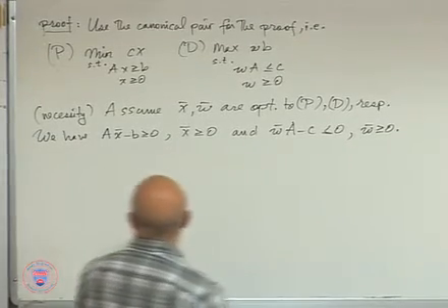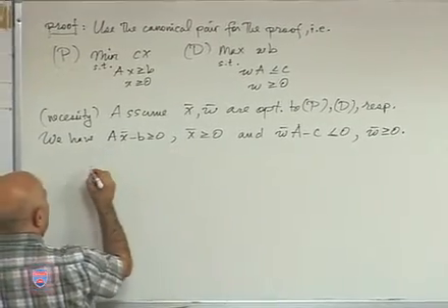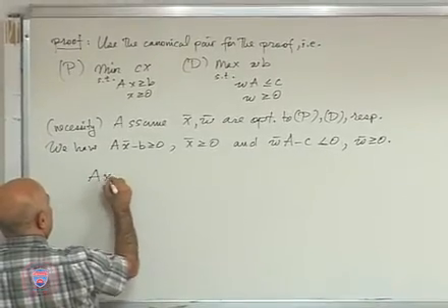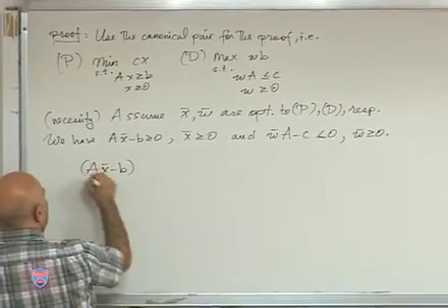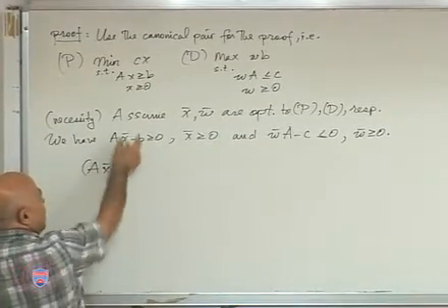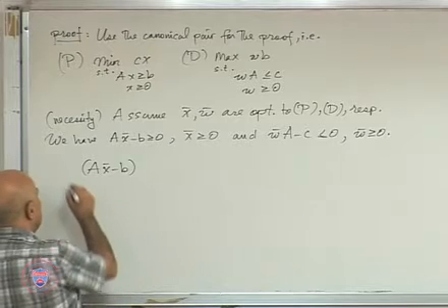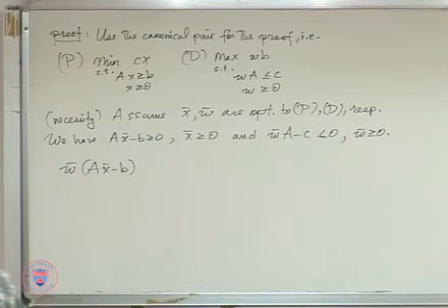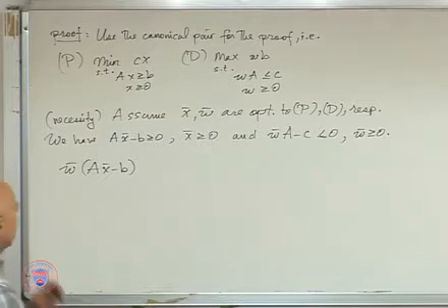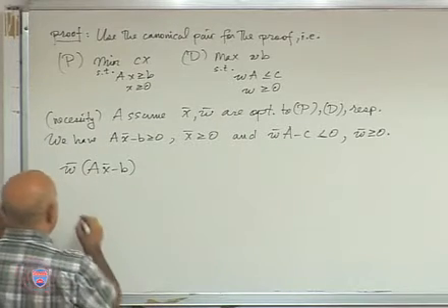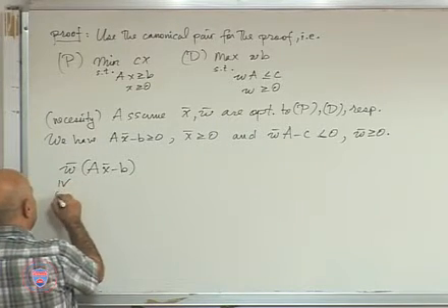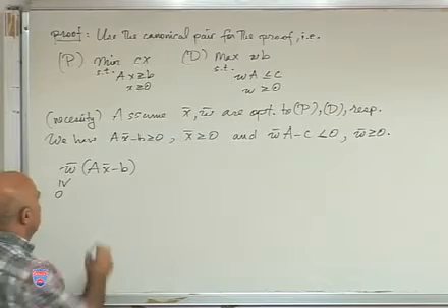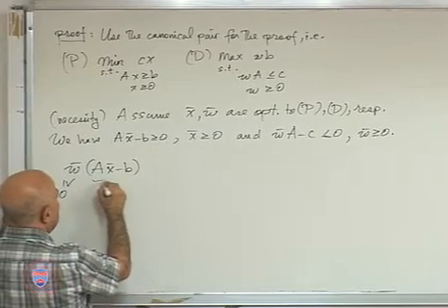So let's take this one. Let me multiply this. This is a column vector. Let me multiply this with a row vector W. So it's the dot product of a row vector with a column vector. Now what do we know about W? We know it's non-negative. And what do we know about this part?